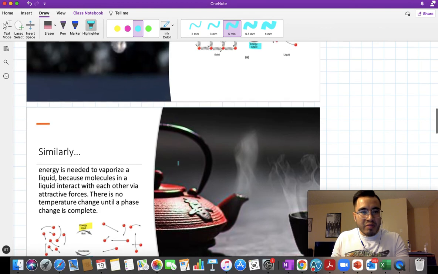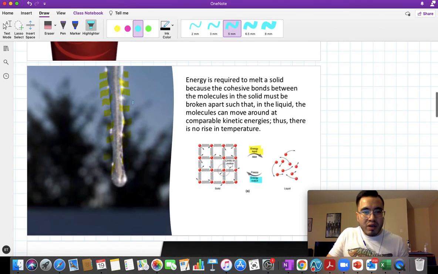And this is the same over here. Until all the ice has melted, meaning it's become water, then you're going to have a change in temperature. So if we had a thermometer only focusing on the ice right here at this part, let's assume it's at 0 degrees Celsius. It'll stay at 0 degrees Celsius until it's become water, then we're going to have a change in temperature.